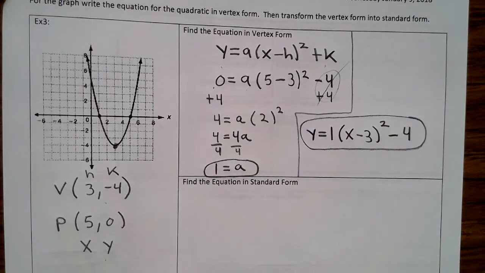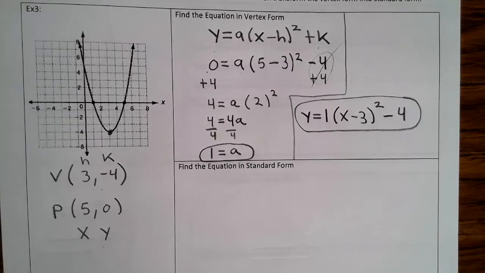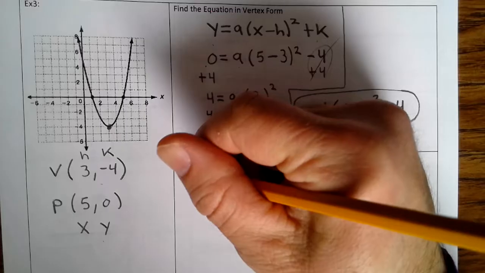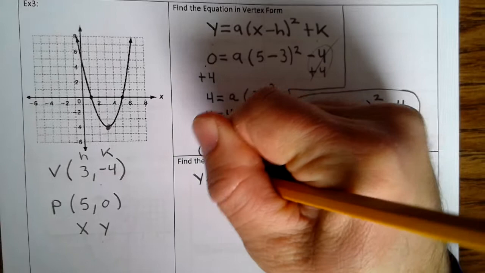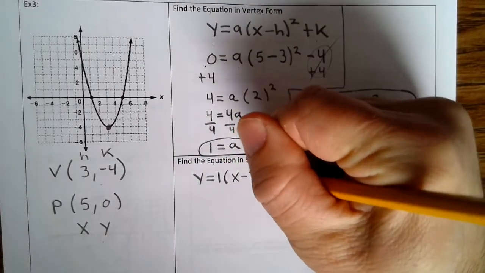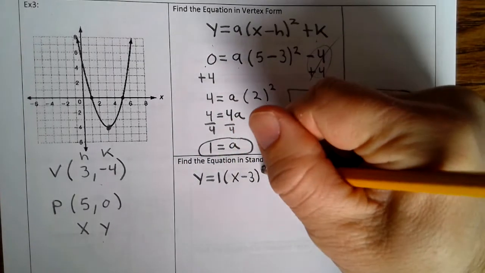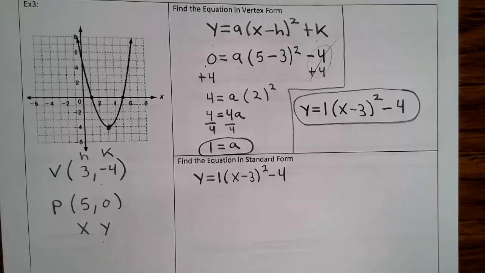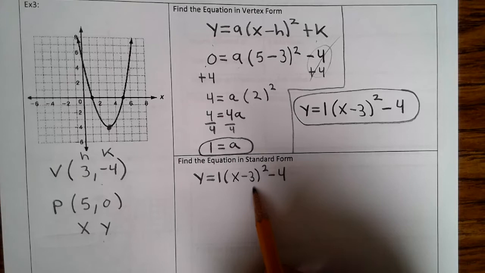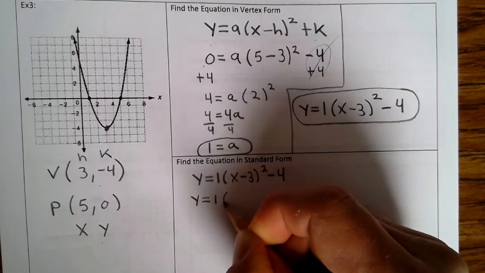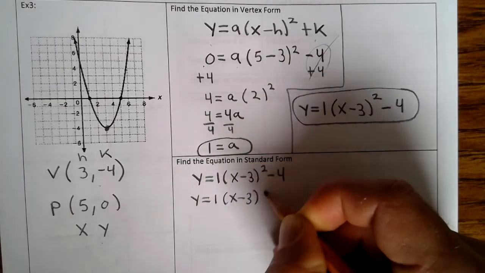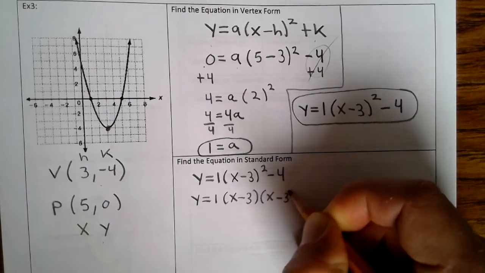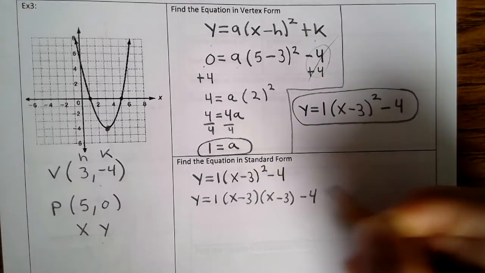All right, now we're going to find the equation in standard form. So we're going to start with y equals 1 times (x minus 3) squared minus 4. So the first step is we need to square the x minus 3. So we have y equals 1 times (x minus 3)(x minus 3) minus 4. Well, in essence, we don't need to worry about the 1 because 1 times this is just going to be itself.